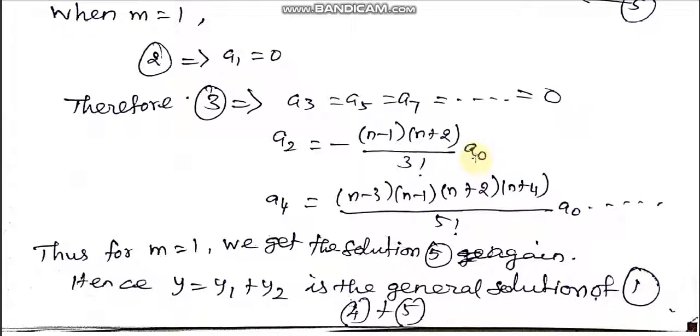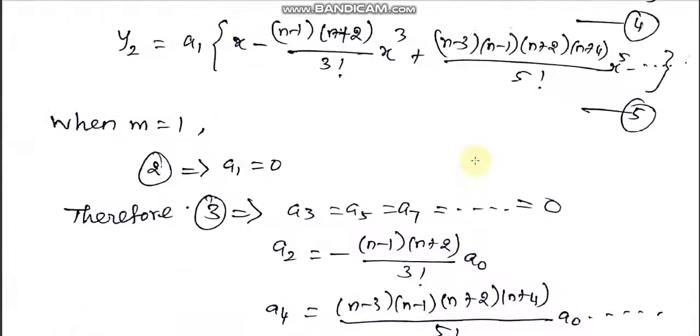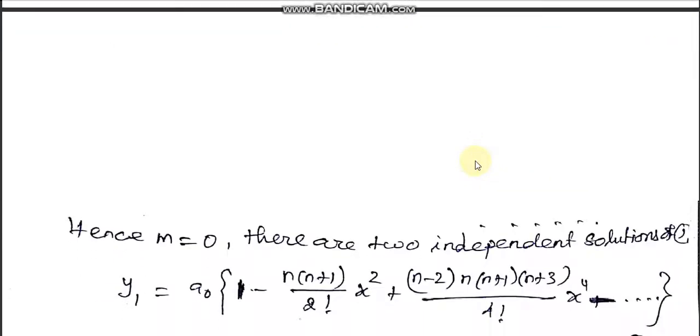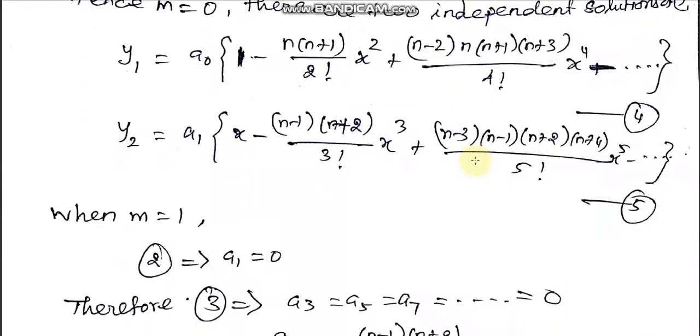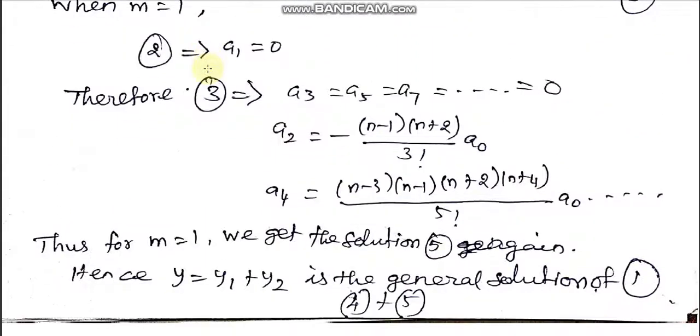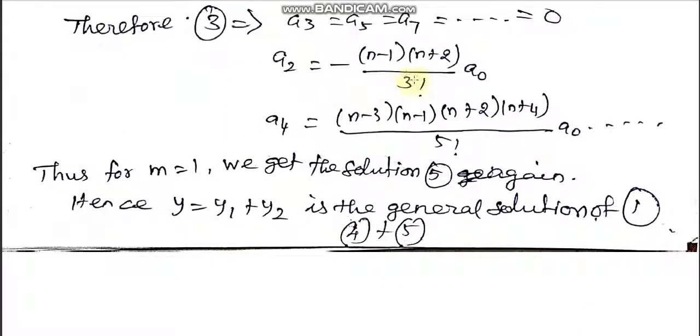Here a0 only is present, so let us take the previous solutions only, equation 4, since it is in terms of a0. Okay, so here also the solution should be in terms of a0 only.